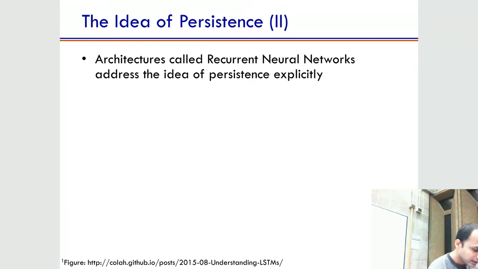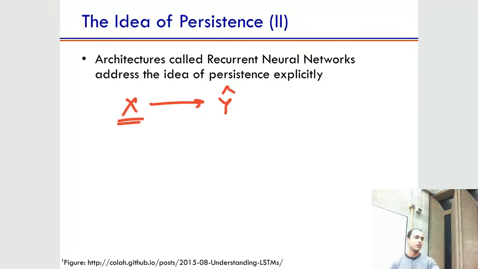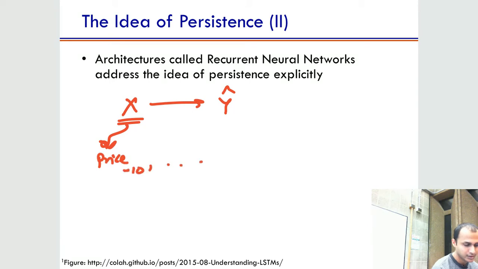Now, I like to think of you're going from x to a y, right? So x to a y hat, some prediction. What I like to think about what RNNs and what even ARMA models are doing is that they're trying to tease out the way, think of this x as a sequence of stock prices. Let's say price 10 days ago, all the way to price yesterday.